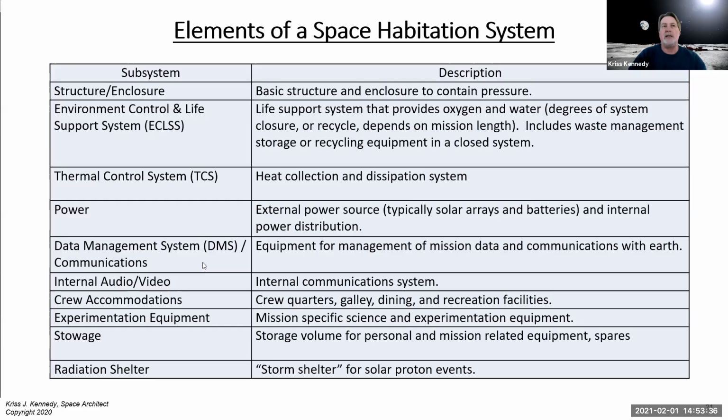Data management, the data management system and communications. There's internal audio and video, very important for crew communications and crew situational awareness. There's the crew accommodations, experiment or research equipment, storage, supplies and consumables, and a radiation shelter or a storm shelter for solar proton events.